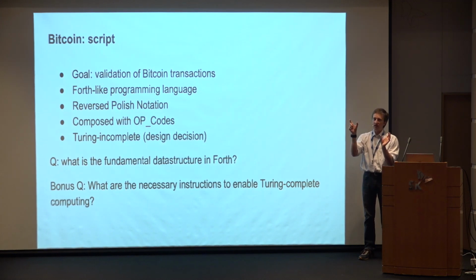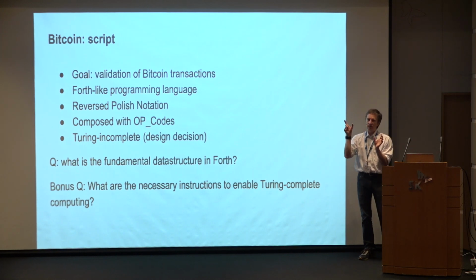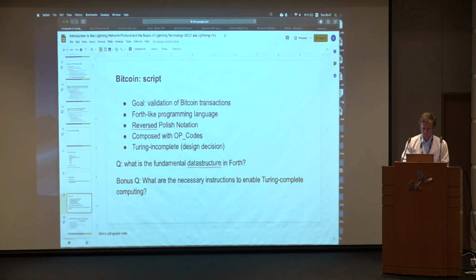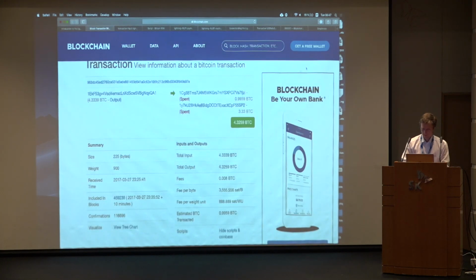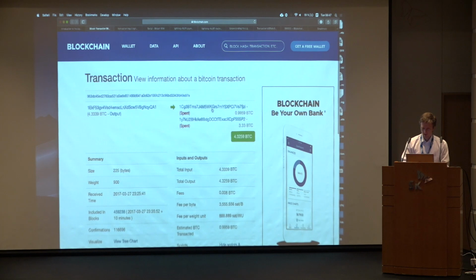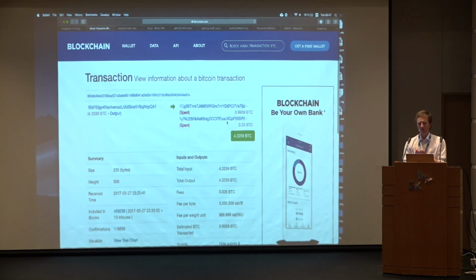So we have to check two things. One thing is for this transaction, for example, we have to check. So if someone wants to spend this 3.33 bitcoins, right? So someone wants to spend this.